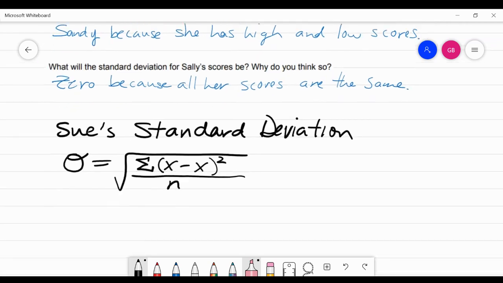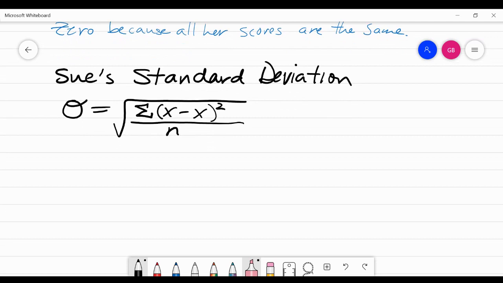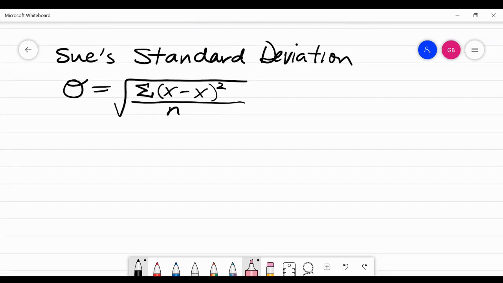Okay. There's a lot of little computations you're going to do when doing standard deviation. So you're going to actually organize your data into a table. So I'm going to take all the x values and I'm going to write them in a list.